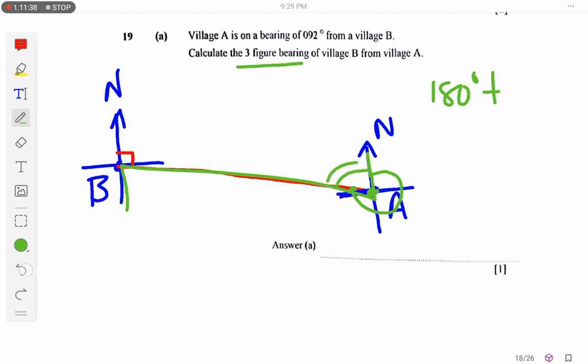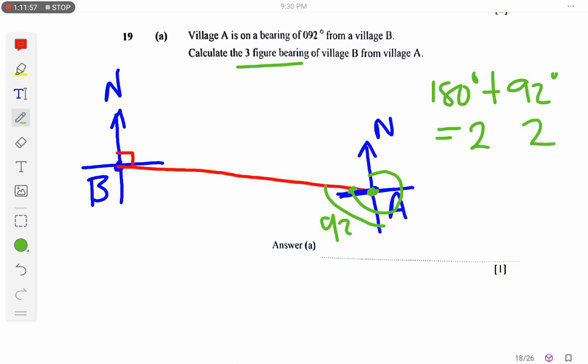So this portion here is also 92 degrees. So I can add 180 degrees plus 92 degrees and I get 272 degrees. That's the 3-figure bearing.